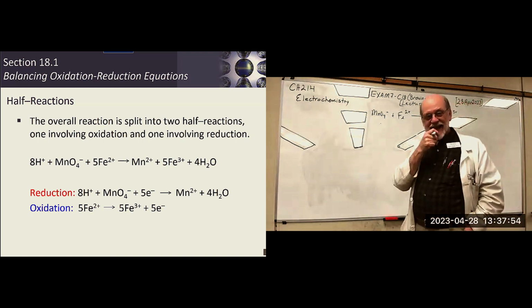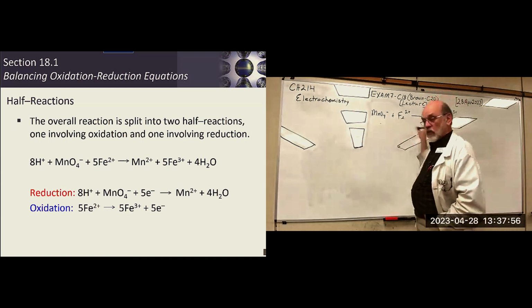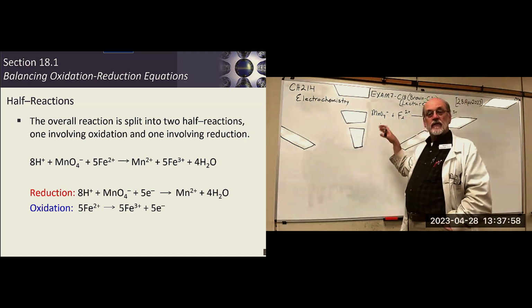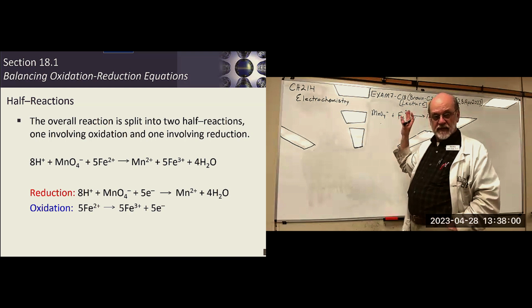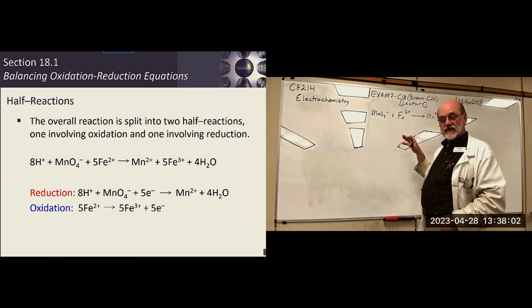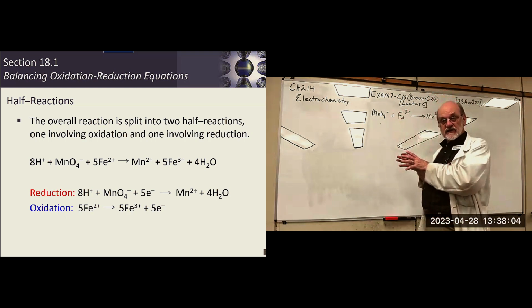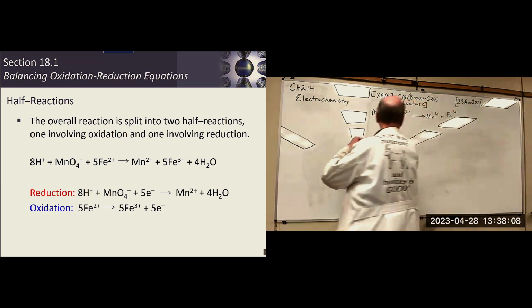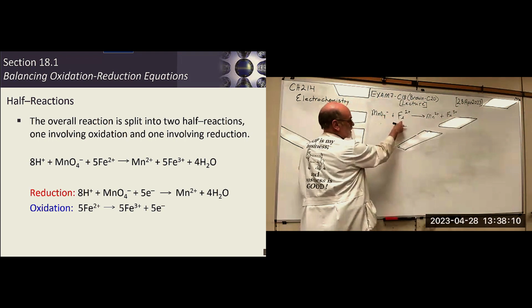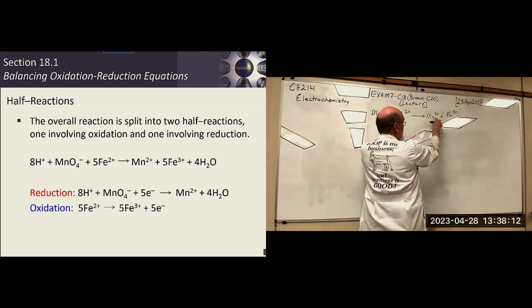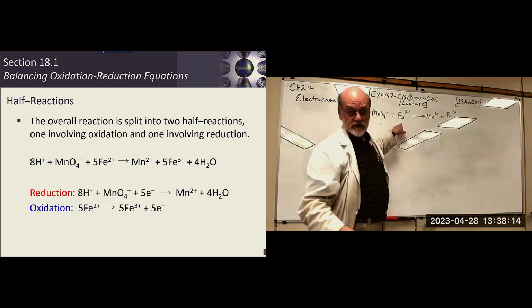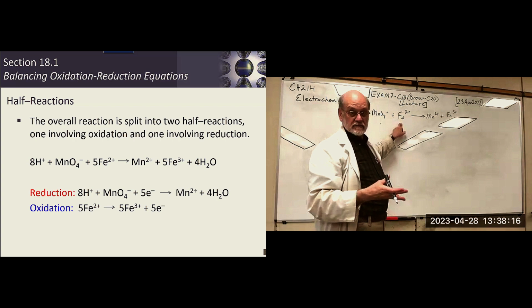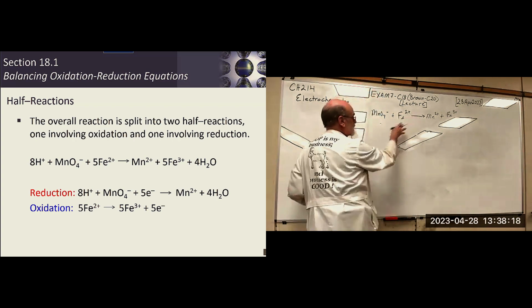What we have to decide is which ones of these are reduction and which are oxidation. And the best way to do that is to get your oxidation states in line first. So for manganese, well, for this one and that one and that one, they're all just the charges. That's it. So those are already given.